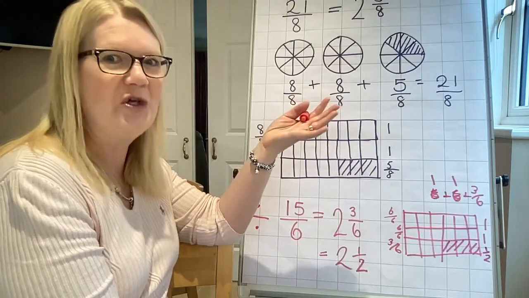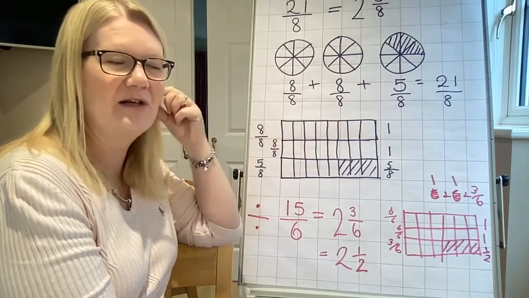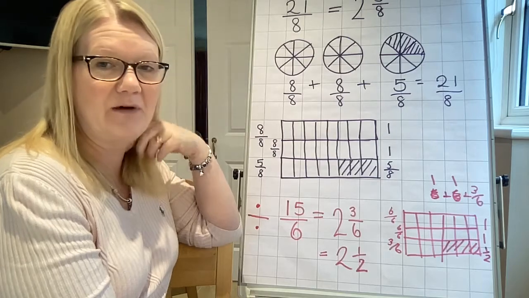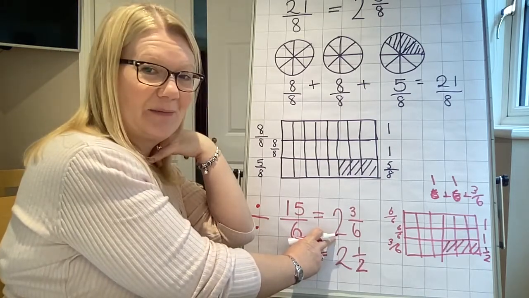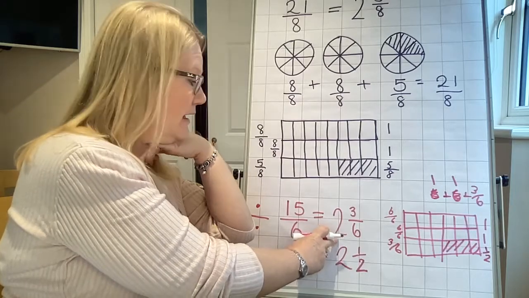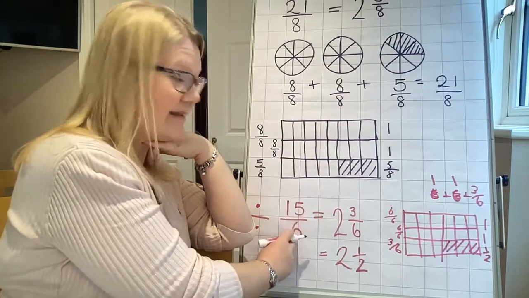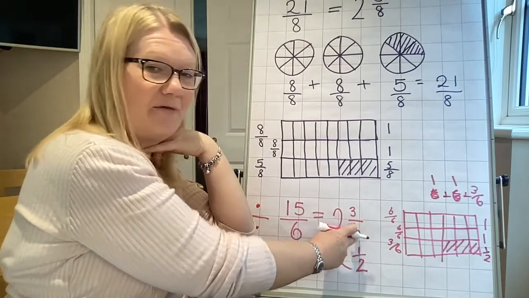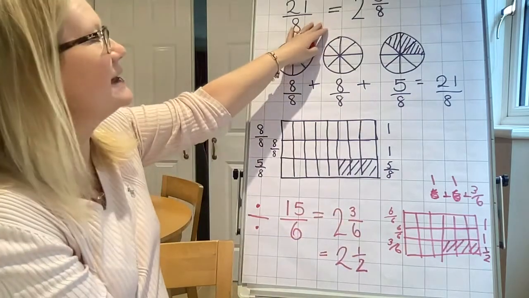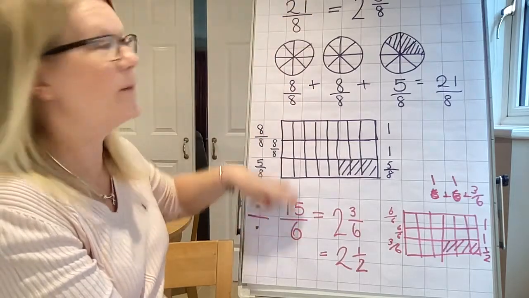Well, I know that 2 sixes definitely go into 15, and I've got a remainder of 3. So there's my 2 wholes. And my remainder of 3 is actually still 3 sixths. So we're looking at 2 and 3 sixths.